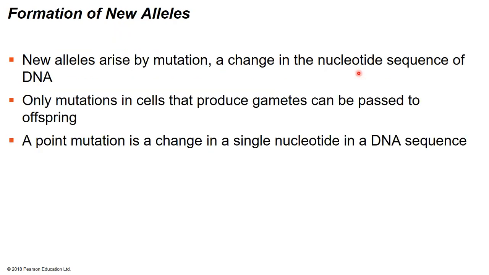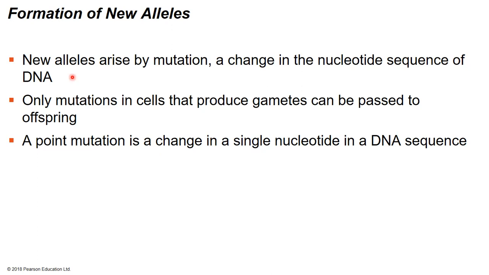So the first thing we're going to discuss, the first mechanism that increases genetic variation, is the formation or generation of new alleles, and this can happen by mutations. Mutations cause a change in the nucleotide sequence, and this change might lead to new gene sequences and new alleles.